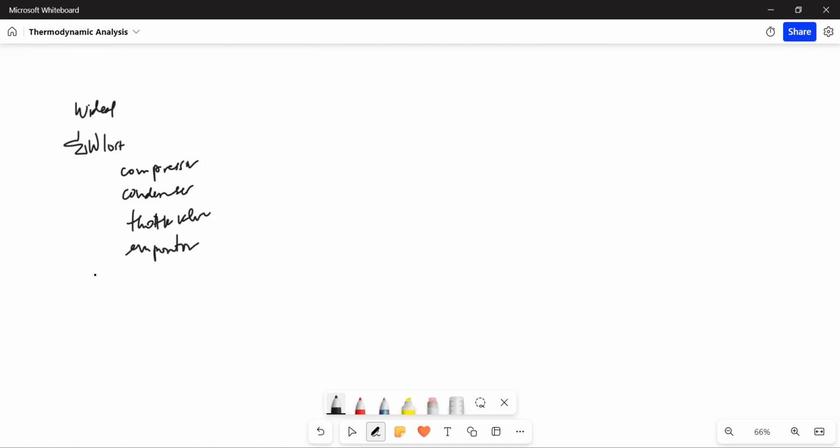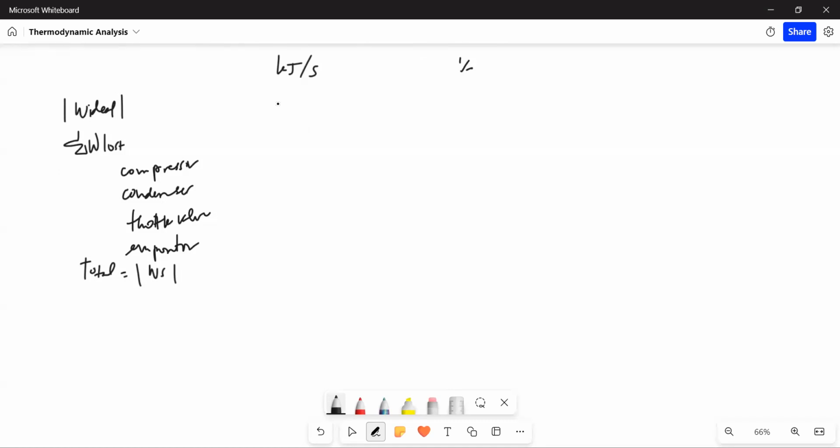And finally the total would give us the work shaft. This is in kilojoules per second. We also need to get the percentage.